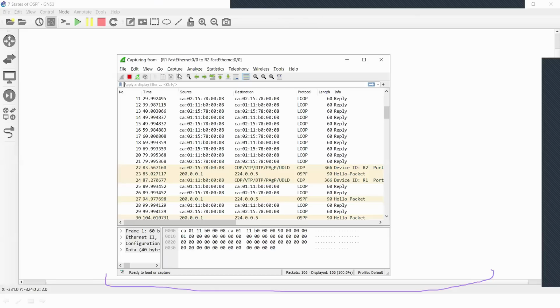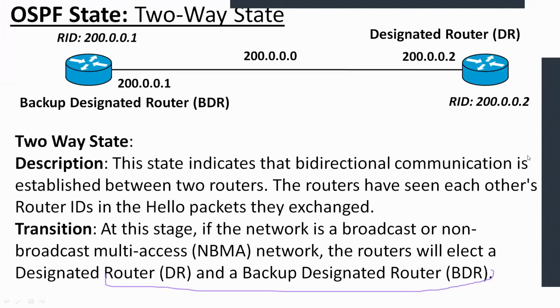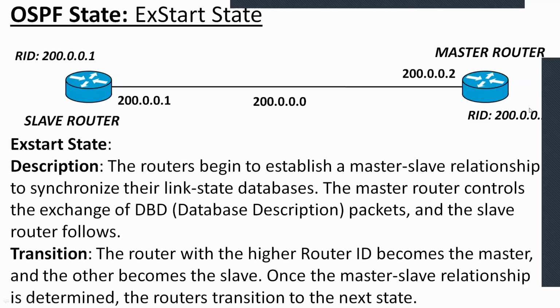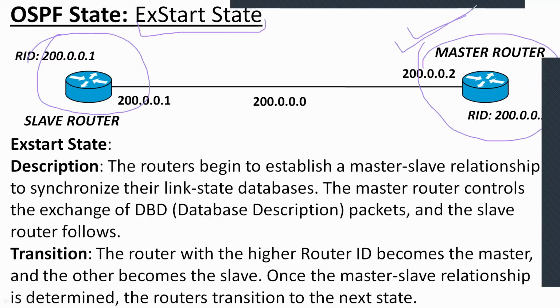Okay, so let's get back to our slides. In two-way state, this will be done. Our next state is the Exstart state. In this state, the routers will establish a master-slave relationship. The router that has the higher router ID will become the master router. If I compare these two routers, R1 and R2, this router has the higher router ID.